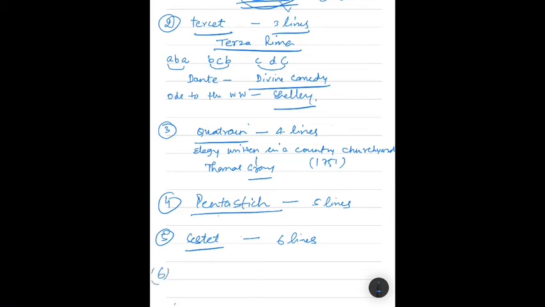Then you can have next Septet. Septet is a stanza of 7 lines. Now I'm going to tell you another word that is called rhyme royal.